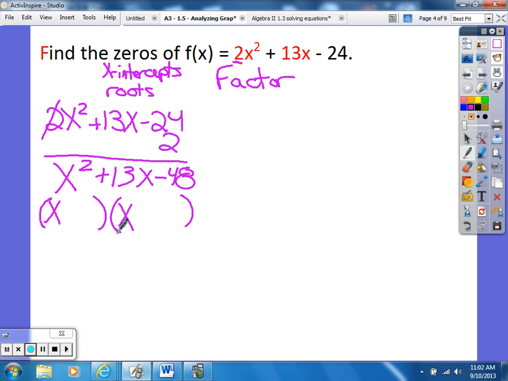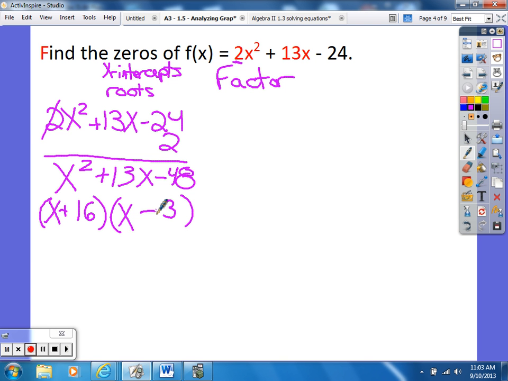What times what is 48? 16 and 3. 16 and 3 works. Okay, so 16 and 3. What kind of 16 do you need? Positive. And here's how to know. Whatever sign is here, the bigger number gets that sign. Okay, so if this was a minus sign, the bigger number would get the minus sign.